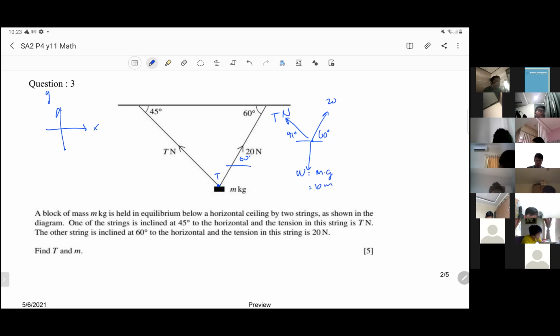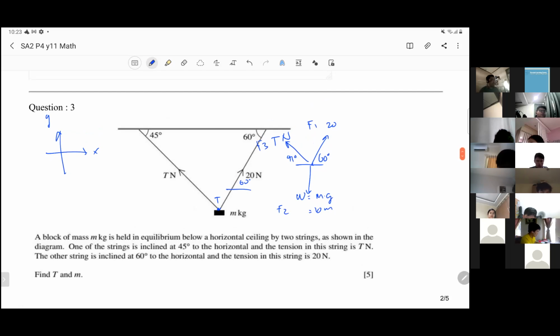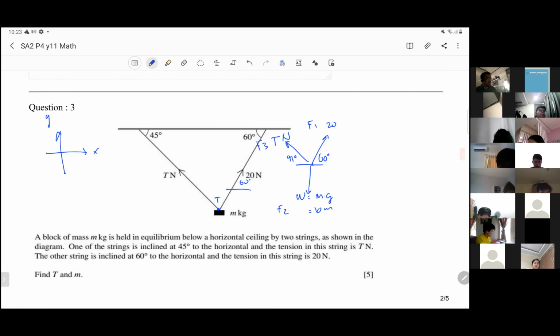Okay, up until this, any question? No? If there is no question, then we're doing the same thing here. I call this force number 1, this is force number 2, and this is force number 3. We are going to list the components in the X and Y direction. So, F1X is going to be, who's after Nisel? Leon. Give me what is F1X.